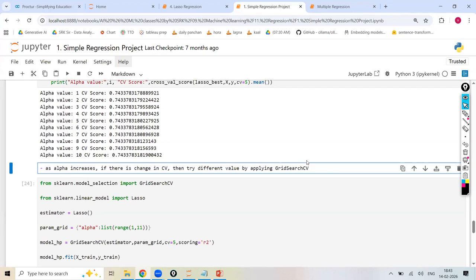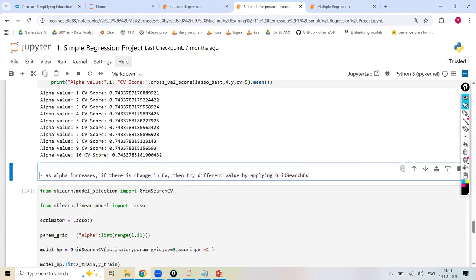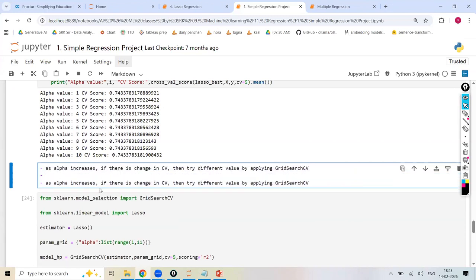Okay. As alpha increases, if there is a change in the CV. For example, if alpha increases, there is no change in the CV. For every alpha value, it is the same. There is no change in the CV. Then simply lasso does not work for the given data.